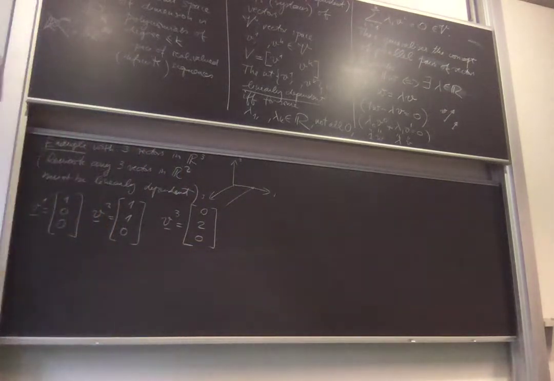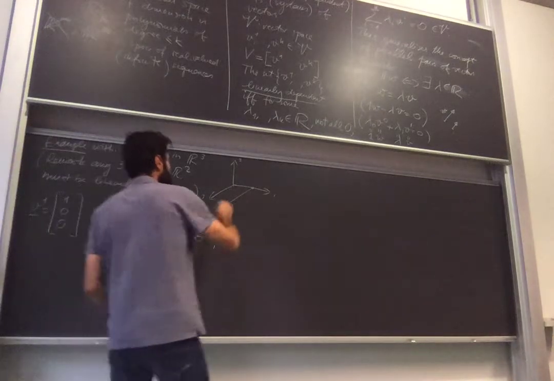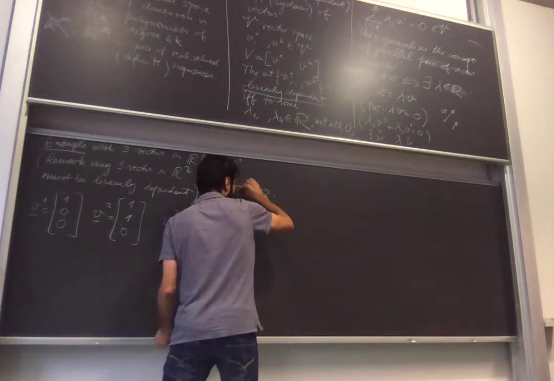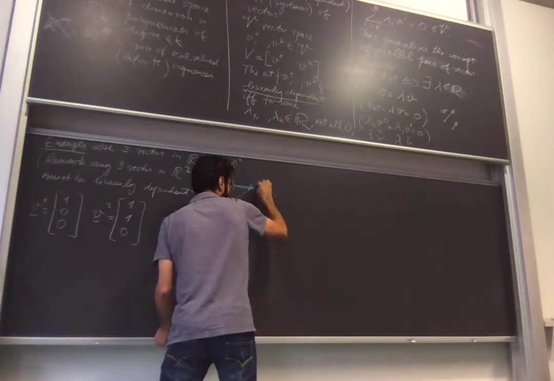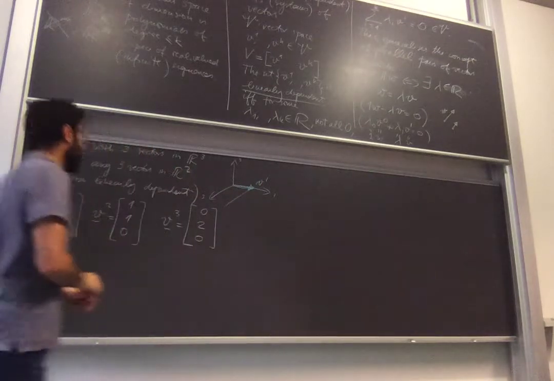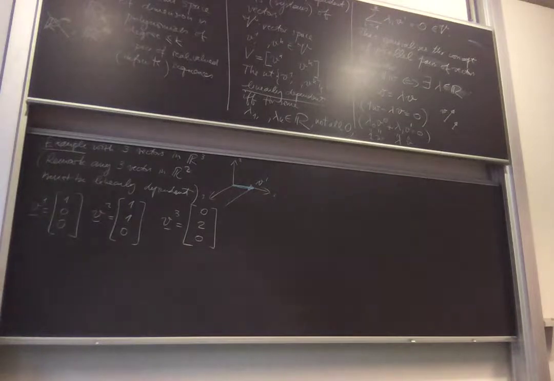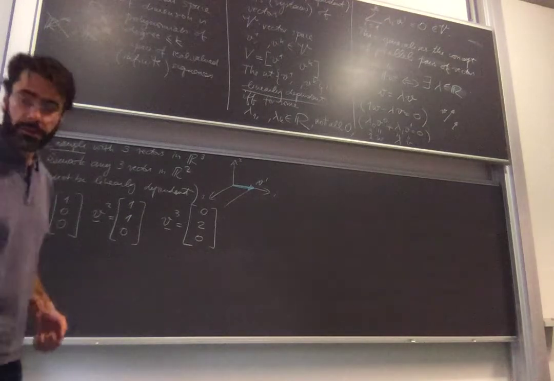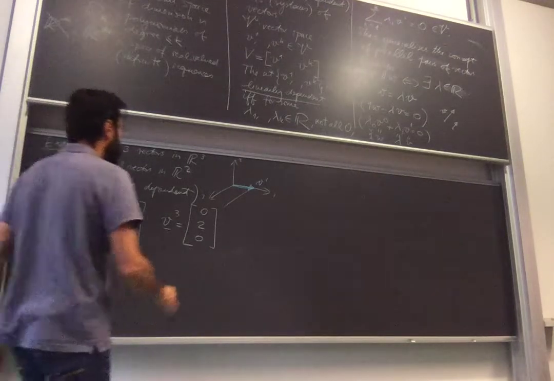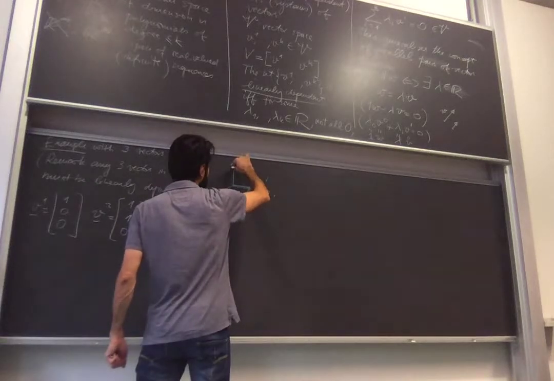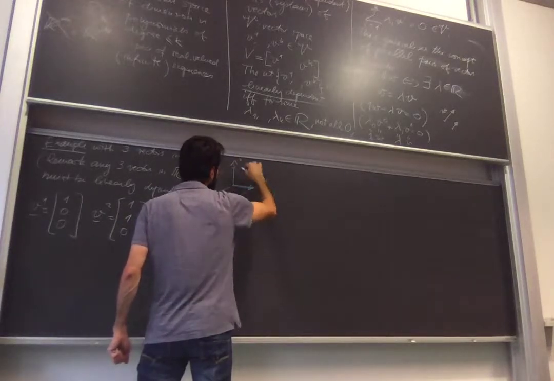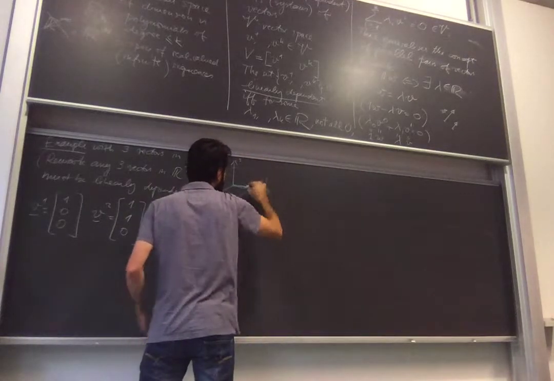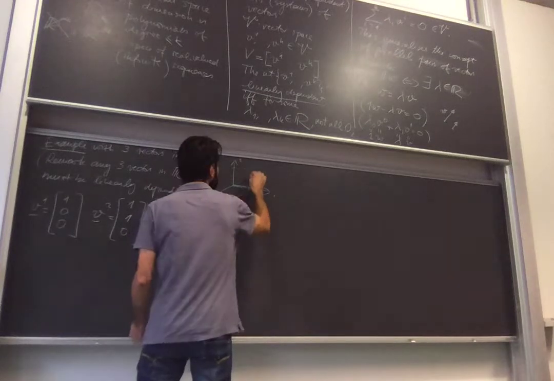Let's take some color, blue and orange. So this is V1. Let's do V2. V2 is 1, 1, 0. This is 1, 1. It's here. So this is V2.